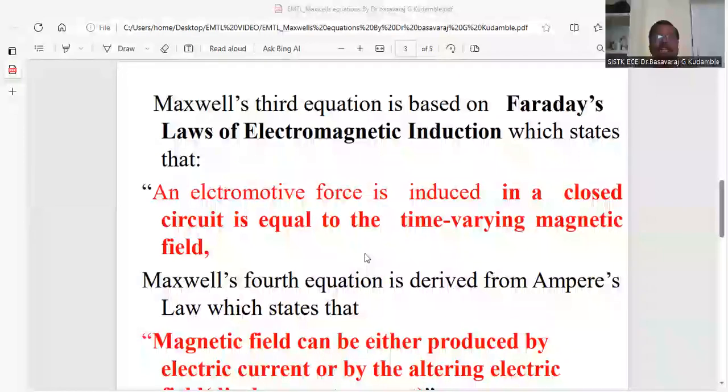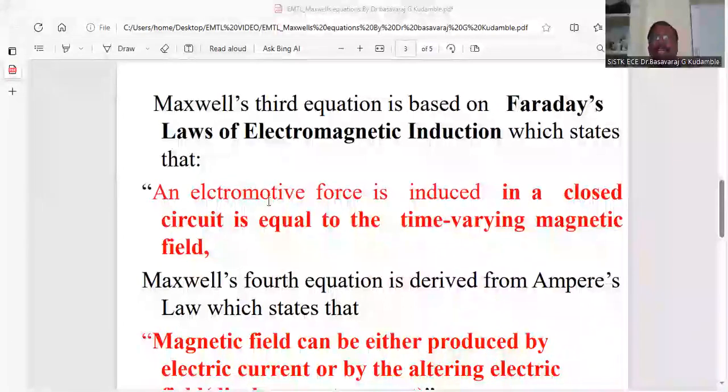He took a closed circuit and a bar magnet, and he varied the bar magnet near the closed circuit. Then he found there was a flow of current in the closed path, which did not have any power source. That is Faraday's law of electromagnetic induction.